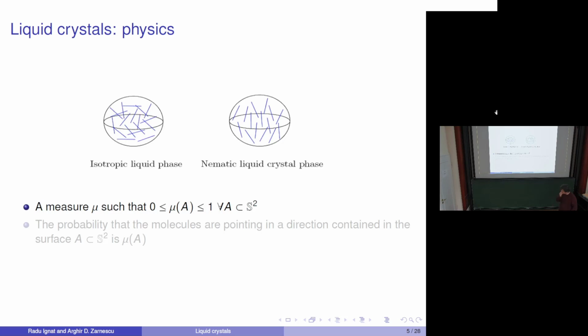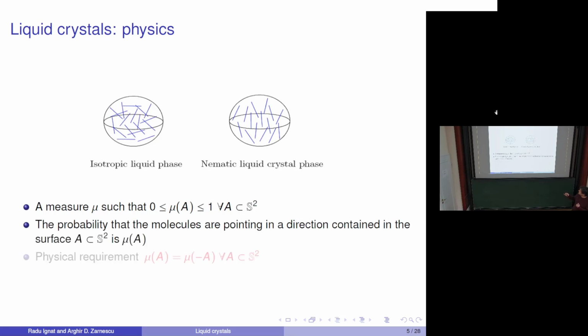There are various ways of doing it, and sometimes the most comprehensive way would be to assign to a point in the macroscopic space a measure. A measure on the unit sphere, that is, assigning to any region of the unit sphere a number between 0 and 1.